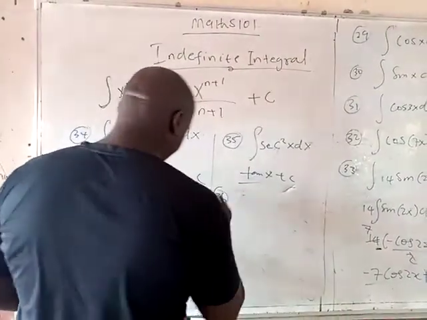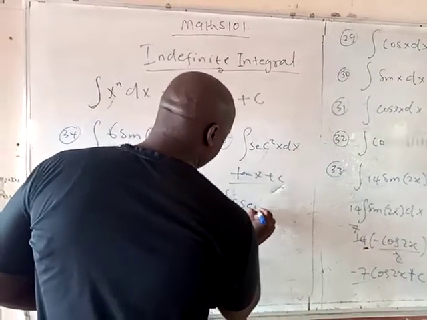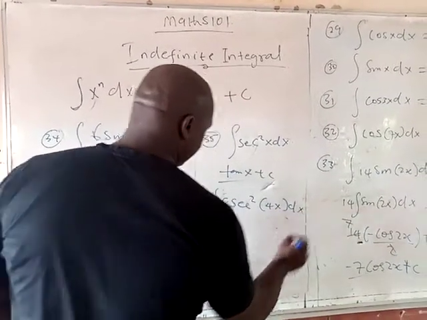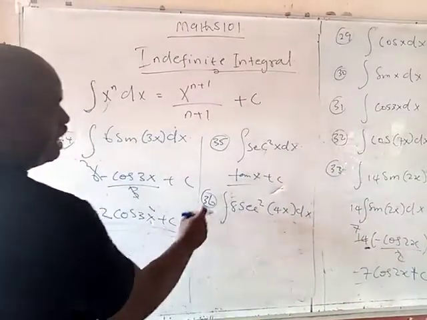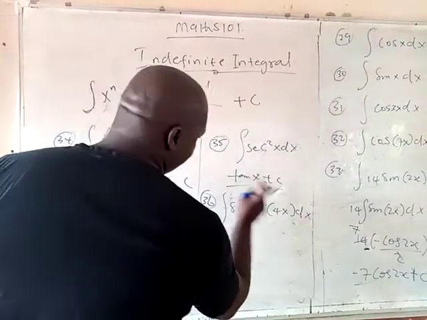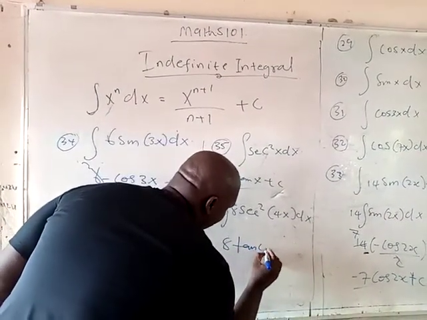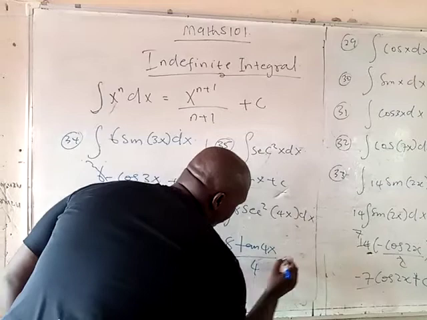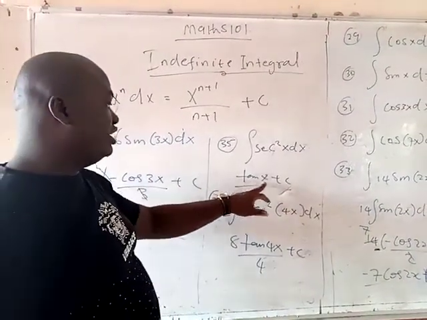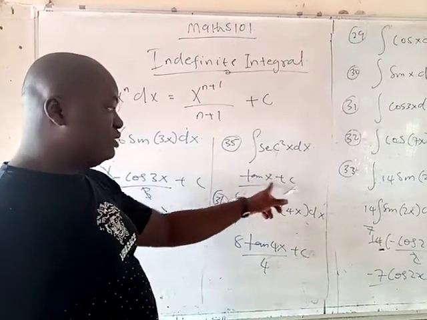Number 36. What if I give you the integral of 8 sec square 4x dx? The first thing is to bring out the 8. Whenever you integrate this, what are you going to get? Tan. But you have 4x, so we have 8 tan of 4x divided by 4 plus C. Remember why we do this: if you differentiate, we only have the coefficient of 1, and whenever you divide by 1, you still get this.